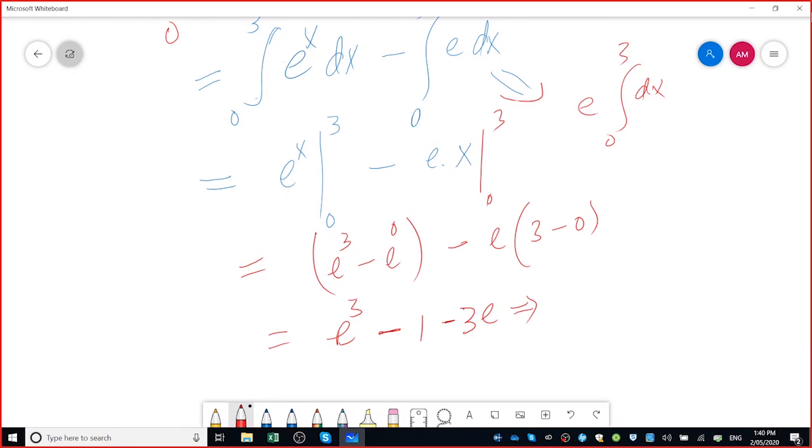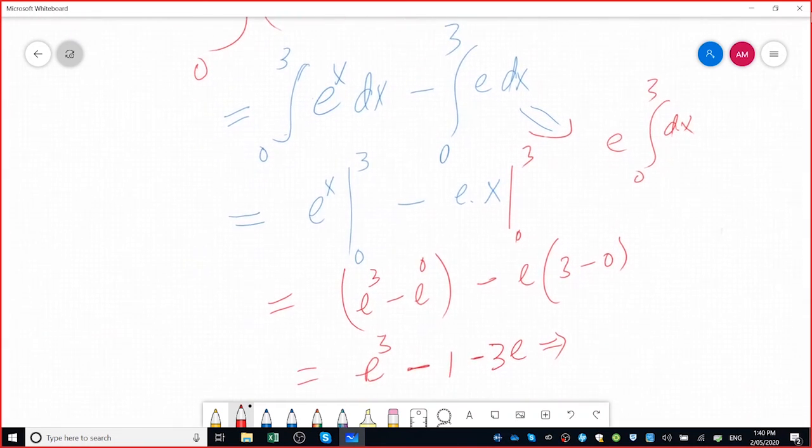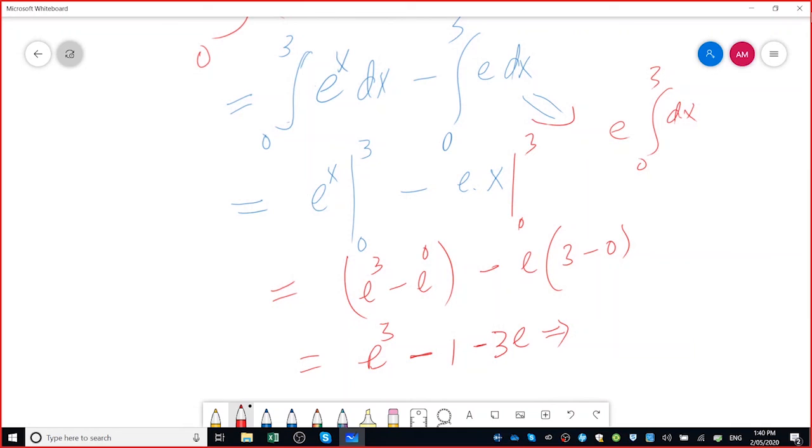Just let me look at the question again. It appears to be minus 1, not plus 1. I think there is a mistake somewhere in the book. Must be. 3 minus 0, and 3e. This has to be minus 1, not plus 1.